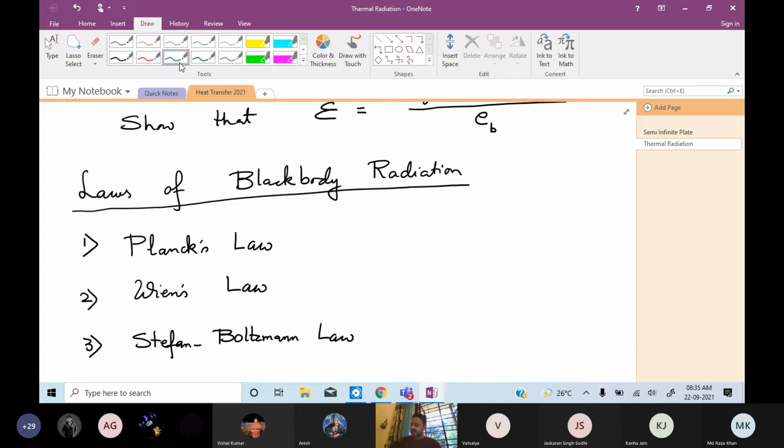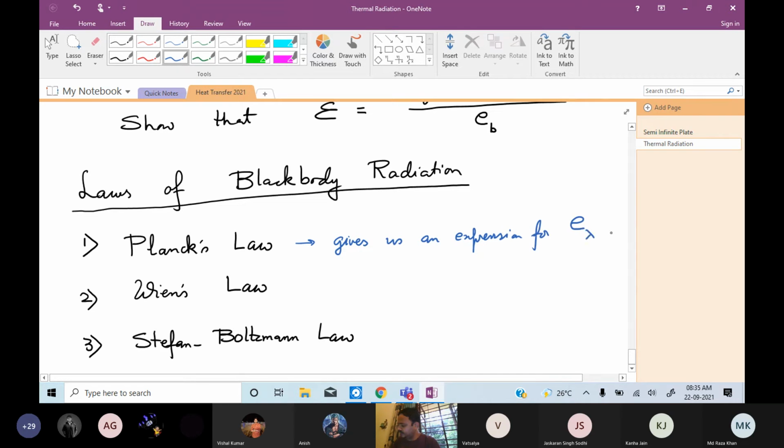Each of them has its own function. Planck's law gives us an expression for EB lambda.